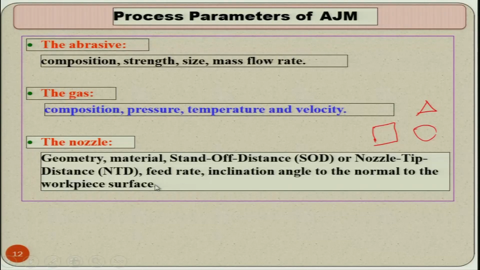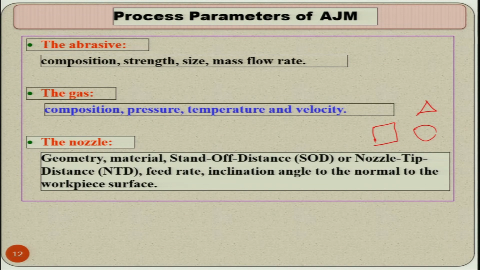Then the feed rate will decide how deep is the penetration of the abrasive particles inside the workpiece. Smaller the feed rate, deeper will be the cavity that you are forming, and larger the feed rate, shallower will be the cavity, or less depth of that particular cavity. And another very important parameter is the inclination angle to the normal to the workpiece surface.